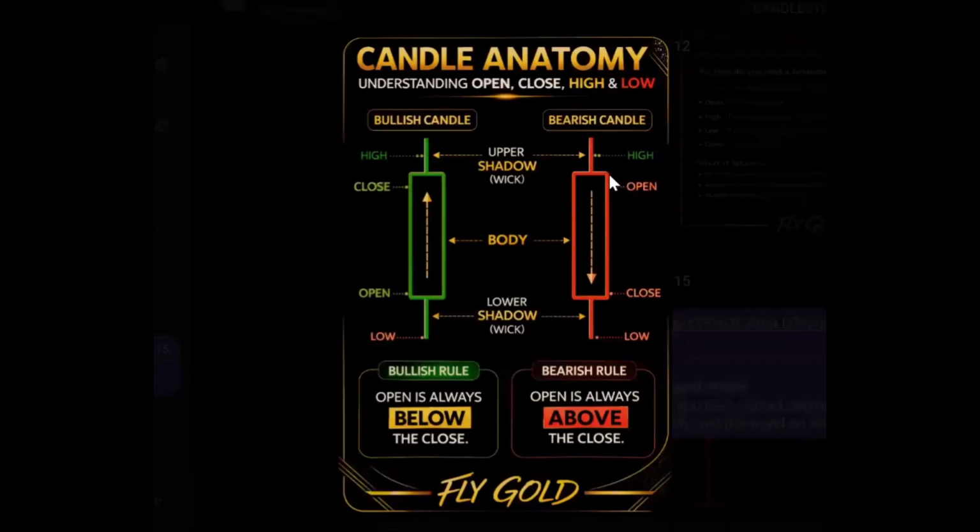And once it got lower than where it opened, it turned into a red candle. Came all the way down. This was a body, pulled up, turned into a wick, and closed right here. And since this closed below where it opened, it stayed a red candle.